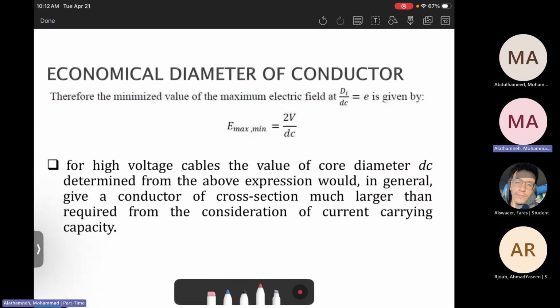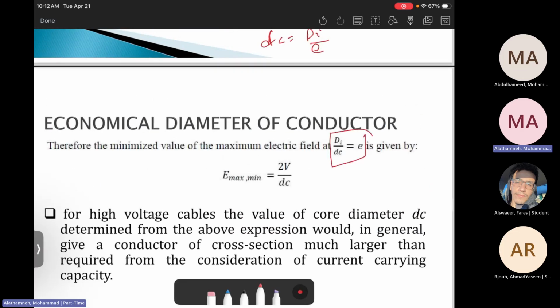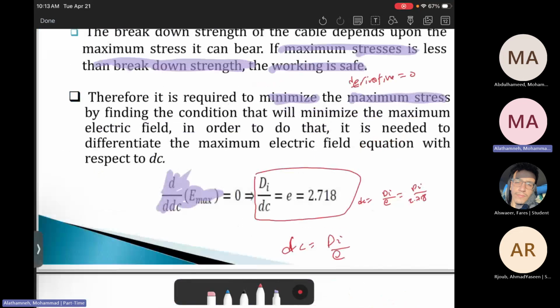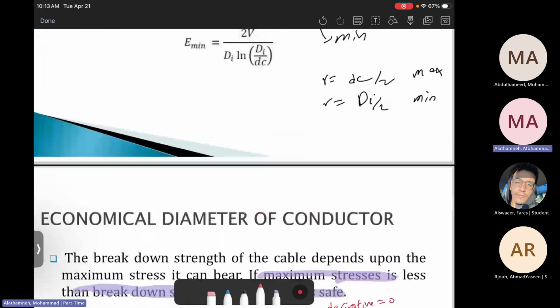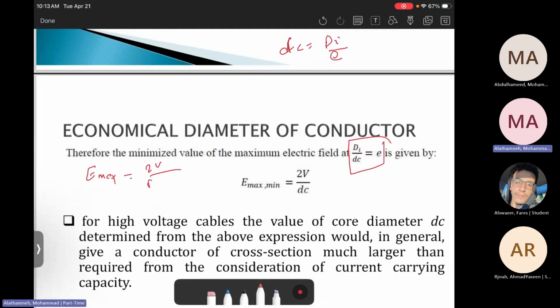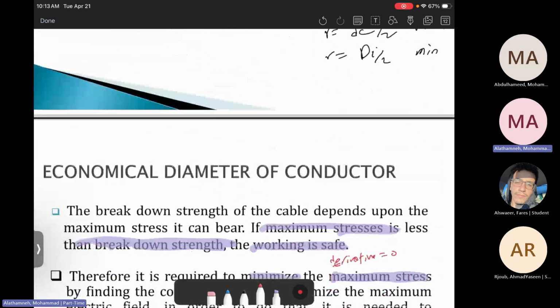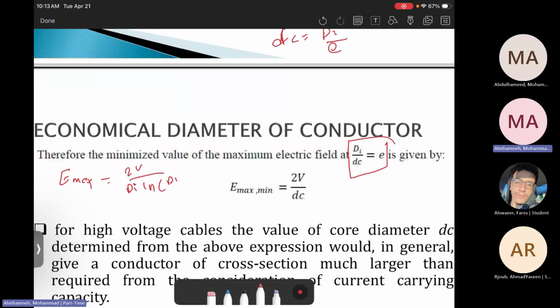Then again, we have DI by DC equals e. Therefore, we need to calculate the maximum. As we know, Emax equals 2V divided by DC ln of DI by DC.